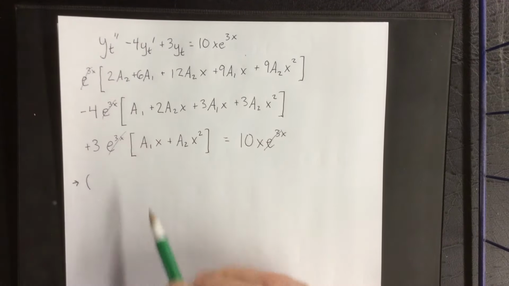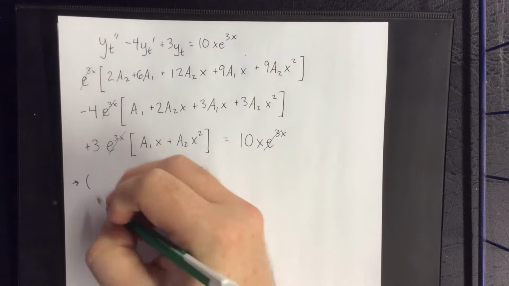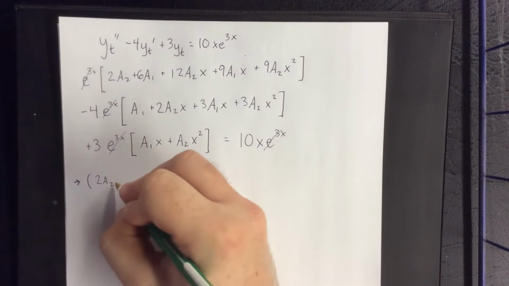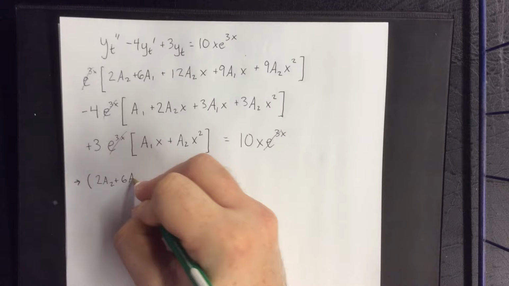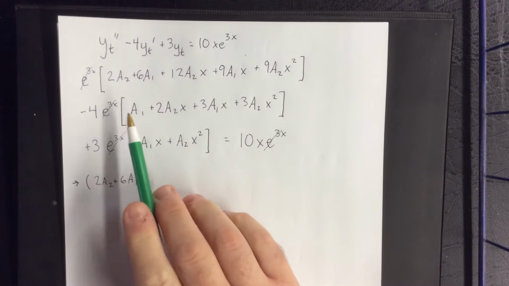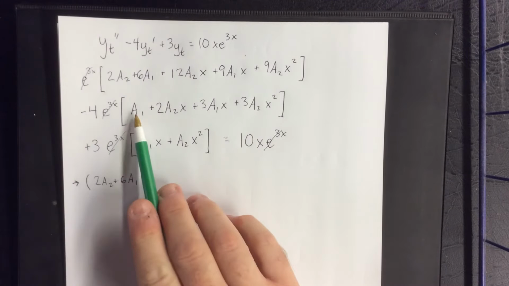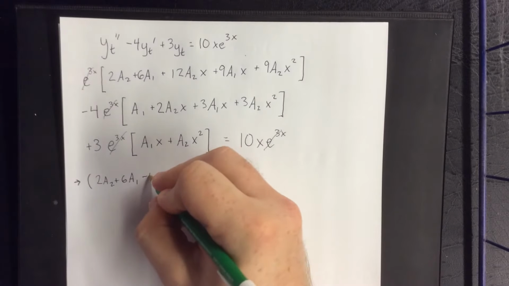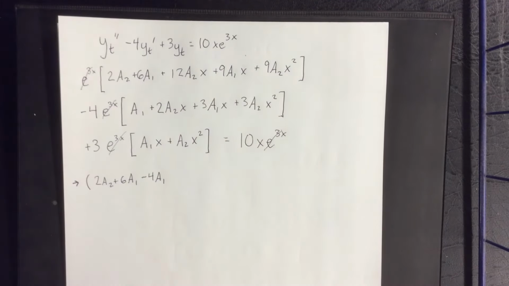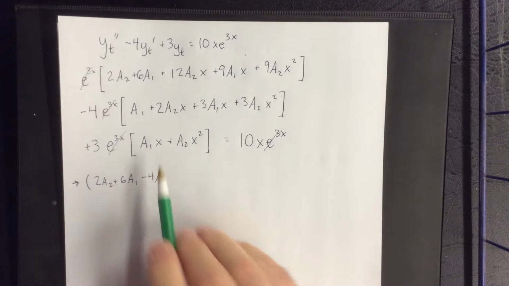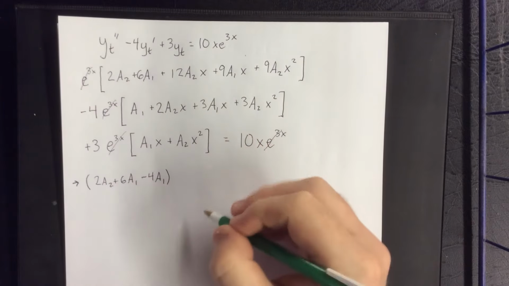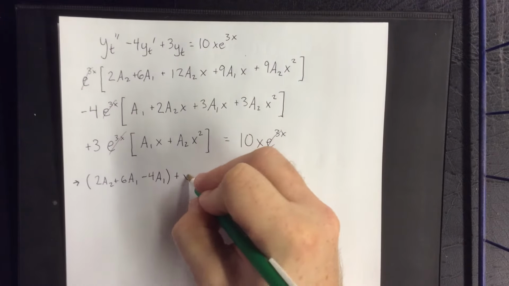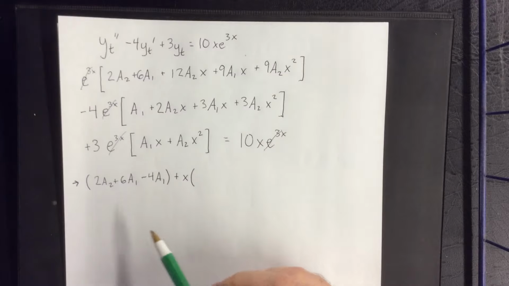As far as constant terms go, from the first group we had these, so 2a2 plus 6a1. From the second group we had just the one constant term, so that'll be minus 4a1. And then from the third group we had no constant terms, so the constant terms are done. Plus x times, we'll group all of the x terms together.